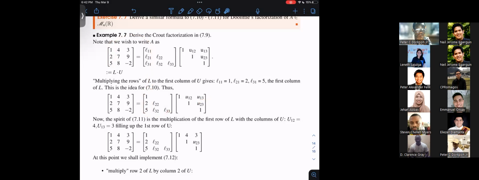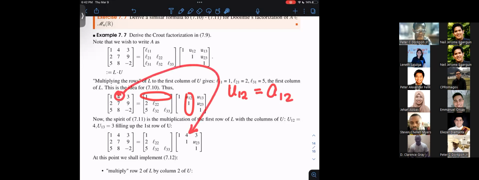But after knowing the first column of L, we can proceed to computing the first row of the matrix U. Again, to find that, I'll take advantage of this guy times this guy. That will give us U12, and U12 is equal to A12, so that should be equal to 4, right?